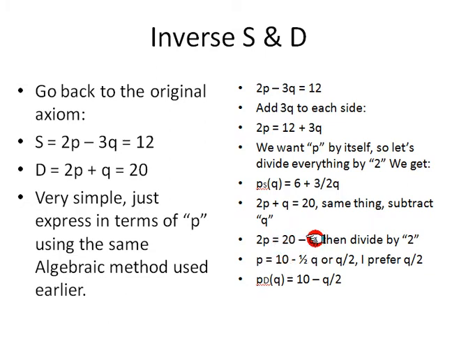You could either express this as 1/2 times Q or Q divided by 2. Me, I prefer to use the Q over 2 because I don't have to write that 1/2 Q. So I save pencil strokes, okay? Some people call me lazy, I call it efficient, okay? So 10 minus Q over 2, okay?